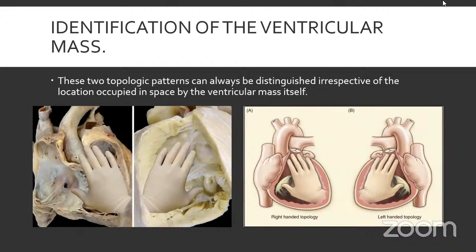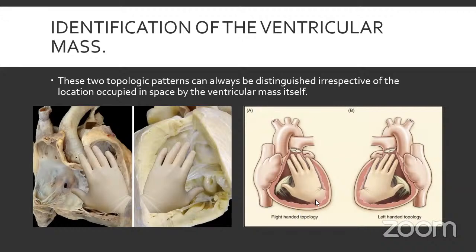However, just one thing that you need to know. Let's say that the morphological right ventricle is on the right side. This obviously fits the right-handed topology because you can fit your right hand there. If you look at the left ventricle that is on the left side, you can fit your left hand. But we don't call that left-handed topology, right?